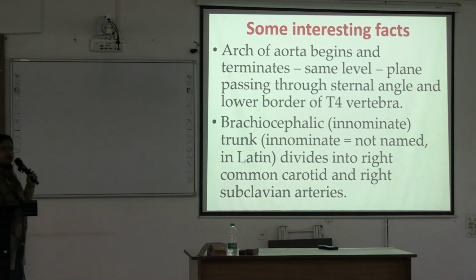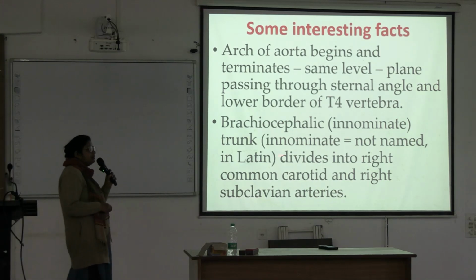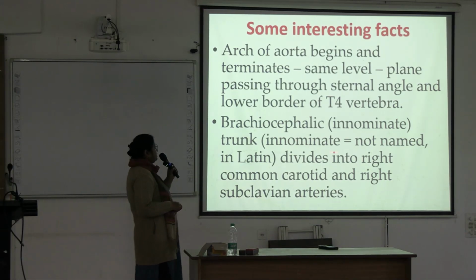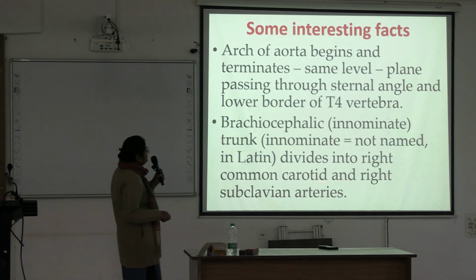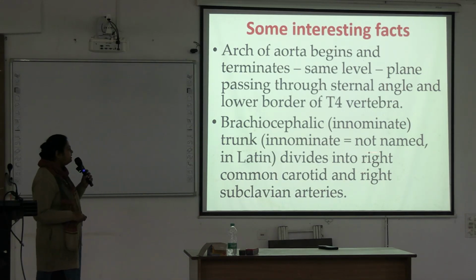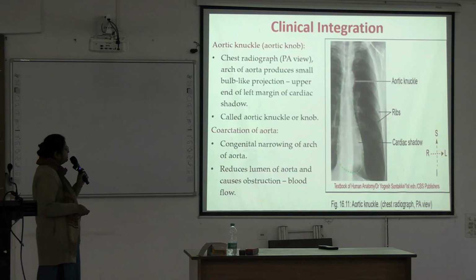And the brachiocephalic trunk, which is also known as innominate artery, innominate means no name in Latin. It divides into right common carotid and right subclavian arteries.